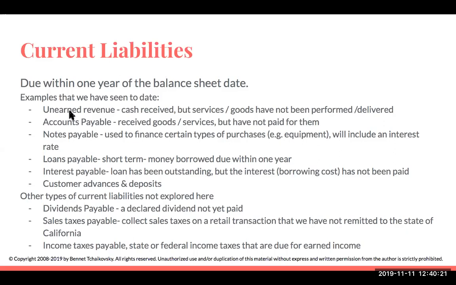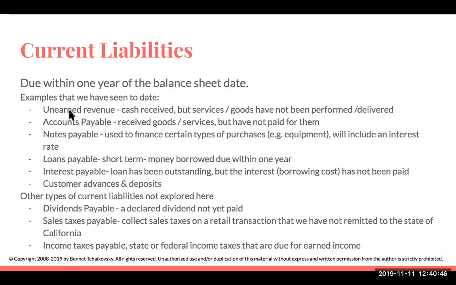Basically, you're giving somebody cash or receiving cash and you'll be paying back the principal amount plus interest within that year. Interest payable relates to the loan. It usually comes about when I've received the benefit of having that money, but I have not yet paid for the interest. And then you have customer advances and deposits.